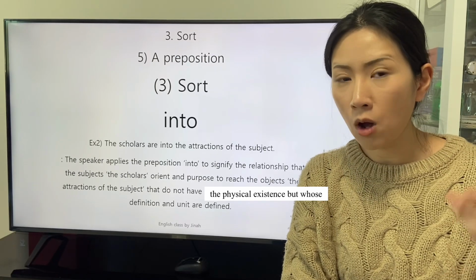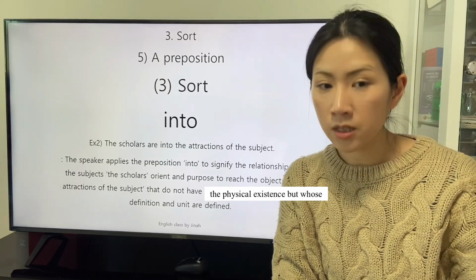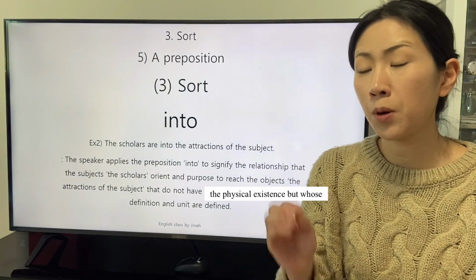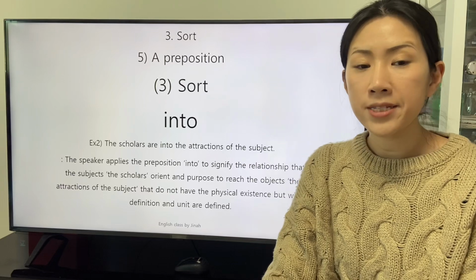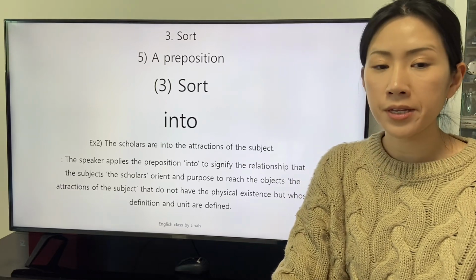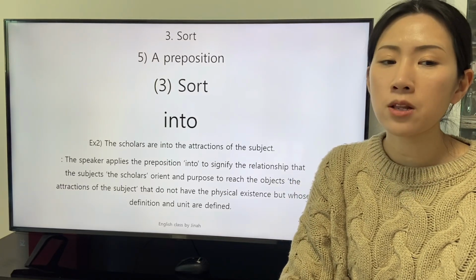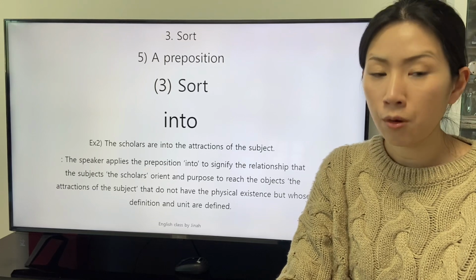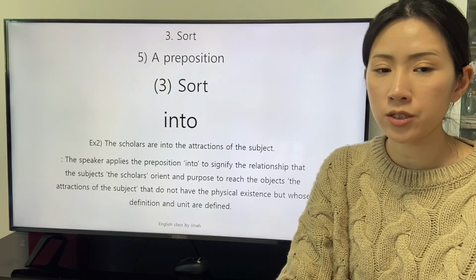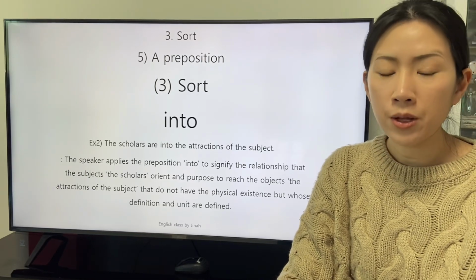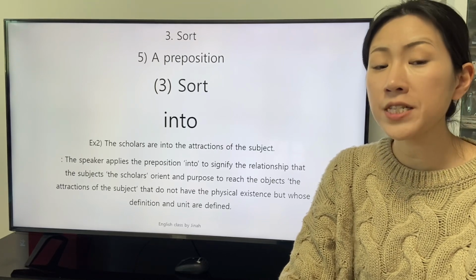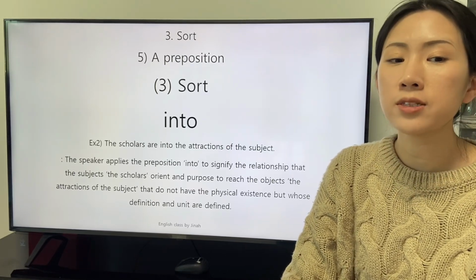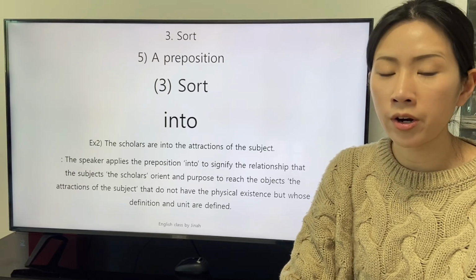On abstract notion, the subjects are able to purpose. The speaker applies the preposition into to signify the relationship that the subject, the scholars, orient and purpose to reach the object, the attractions of the subject, that do not have the physical existence but whose definition and unit are defined.